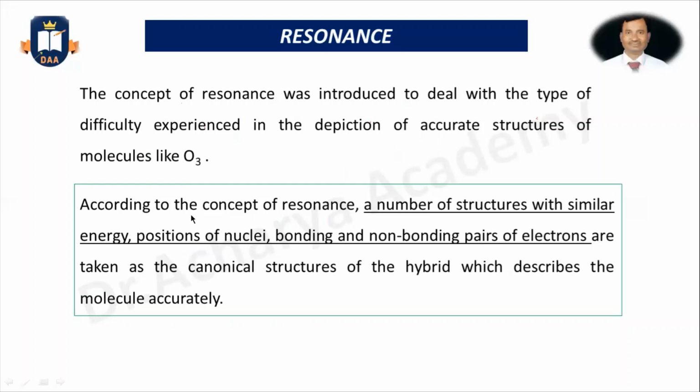According to the concept of resonance, a number of structures with similar energy, positions of nuclei, and bonding and non-bonding pairs of electrons are taken as the canonical structures of the hybrid, which describes the molecule accurately.